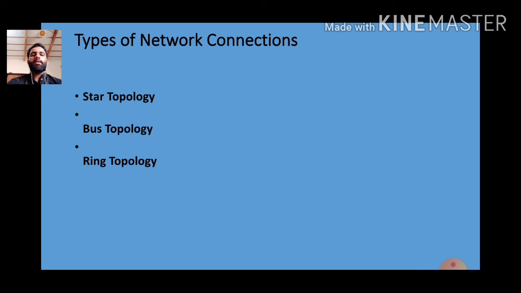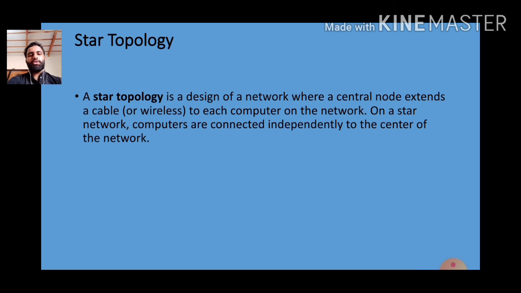Here are three types of network connections. The first one is star topology. A star topology is a network design where a central node connects via a cable or wirelessly to each computer on the network. In a star network, computers are connected independently to the center of the network.